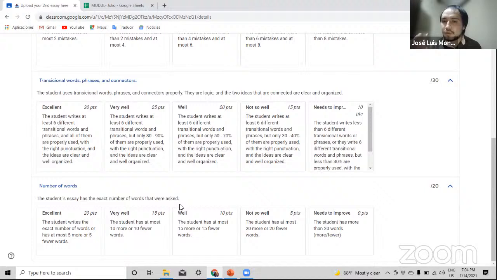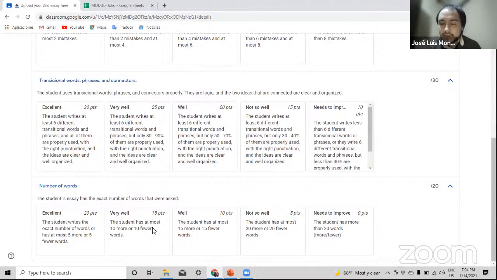Remember that every single word is included, and I use the word count of Google Docs to know that. Again, 5 more words or 5 fewer words is going to get you the perfect score. You will lose some points if you write more than 10 or more than 15 extra words or fewer words.